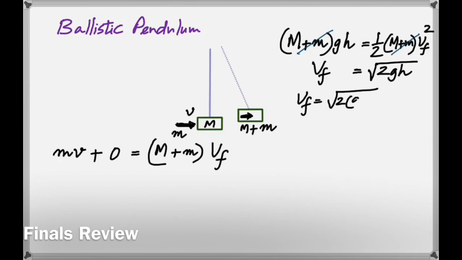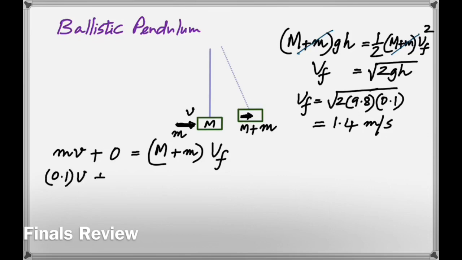So I'm giving numbers now. Let the height be 10 centimeters. I just assume that the height is 10 centimeters, which makes it 0.1 meter. And then I calculated the final velocity and plugged that final velocity into this equation to find the velocity of the bullet.